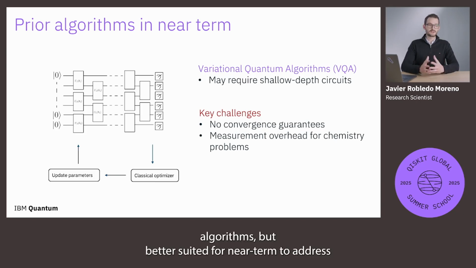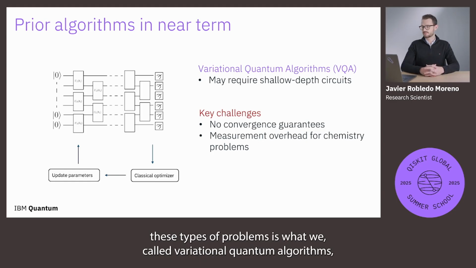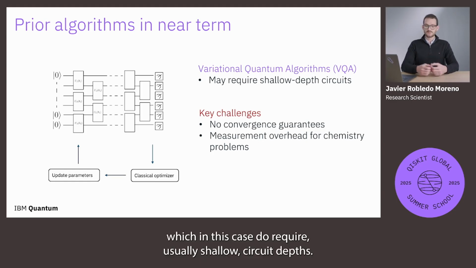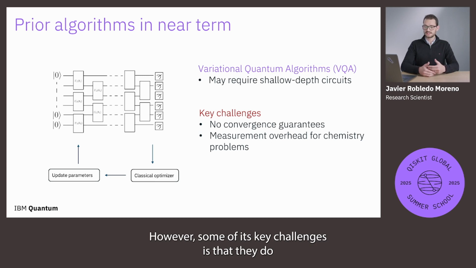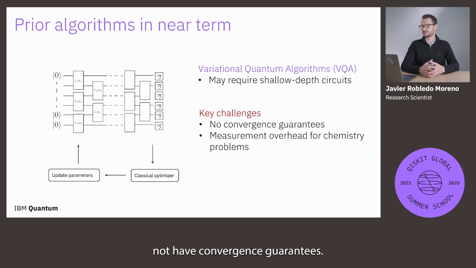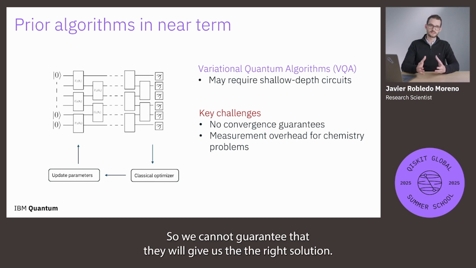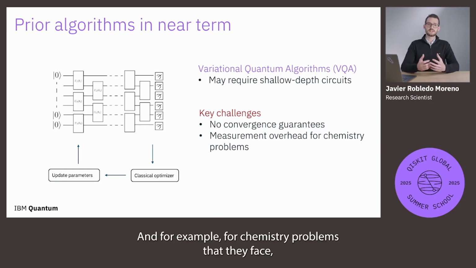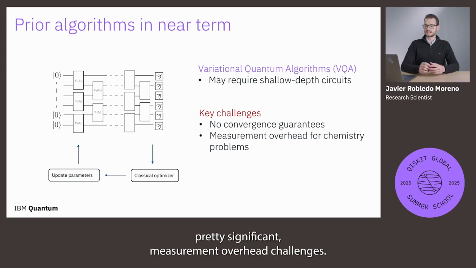More algorithms, better suited for the near term to address these types of problems, are what we call variational quantum algorithms, which usually require shallow circuit depths. However, one of their key challenges is that they do not have convergence guarantees, so we cannot guarantee that they will give us the right solution. And for example, for chemistry problems, they face pretty significant measurement overhead challenges.